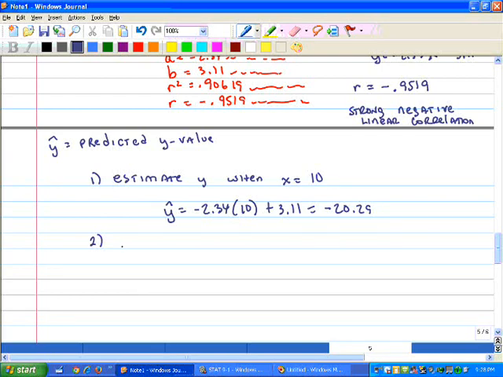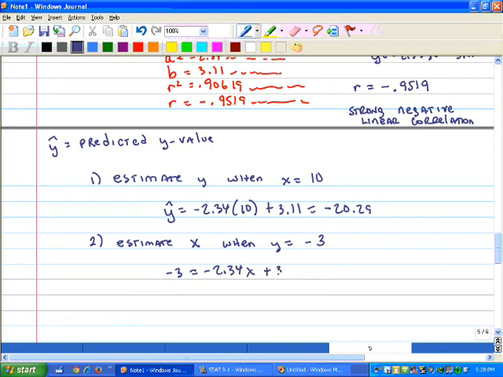We might also see a question that would say, estimate x, or what would you expect x to be when y equals negative 3. In that case, we'd let y hat equal negative 3, and we'll solve the equation for x.